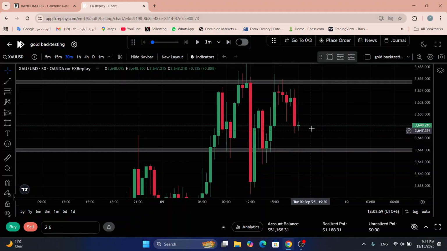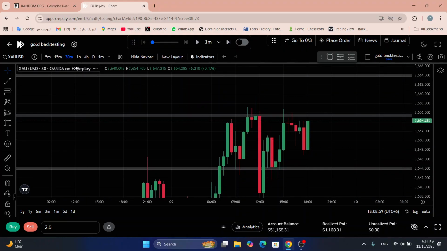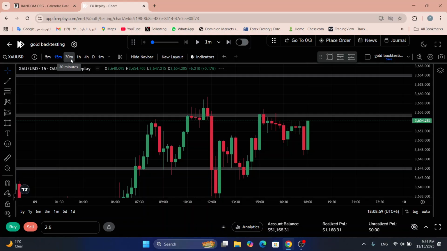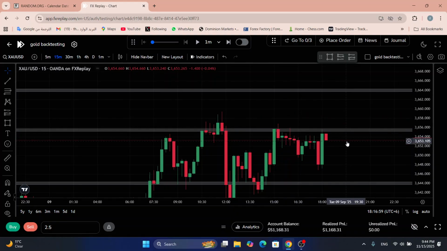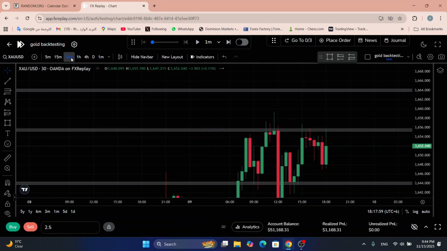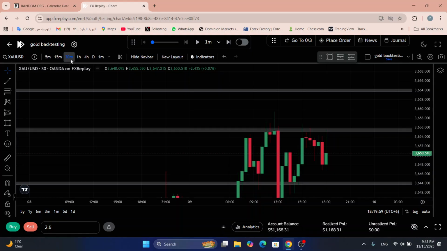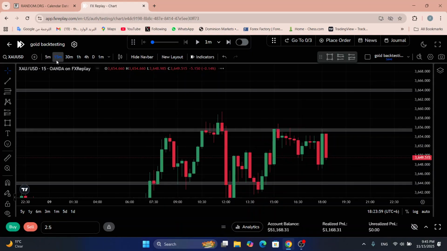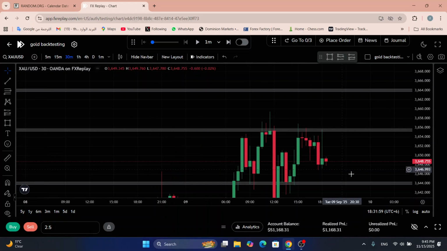On the 30 minutes, it moved a lot to the downside, so I don't think I can take this trade. Okay, it looks like it's heading to the upside to break these highs. Okay, we actually need a clear breakout before we enter the trade. Okay, we are just waiting now. Let's check 30 minutes.